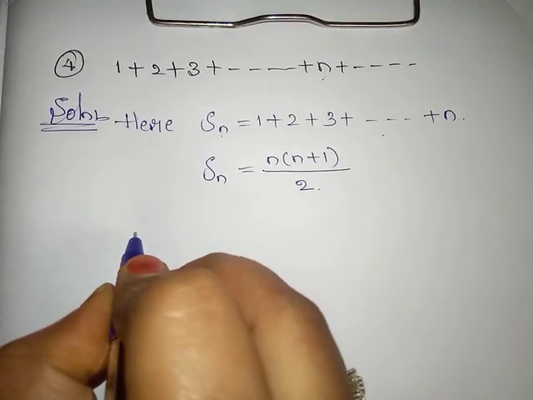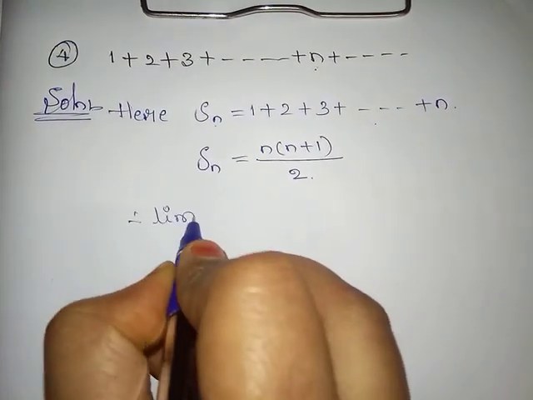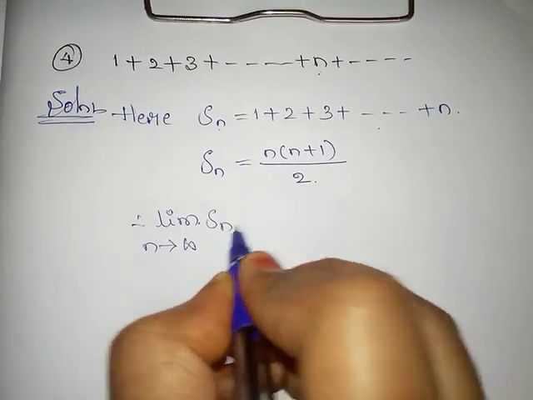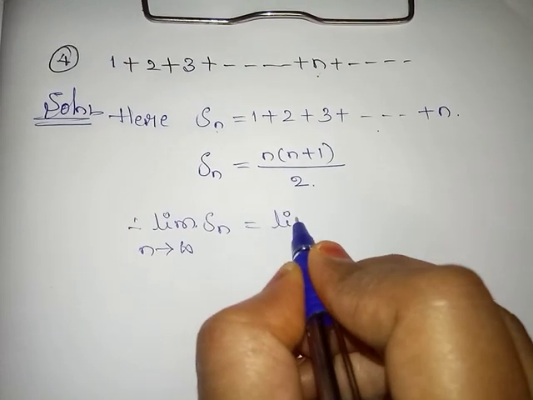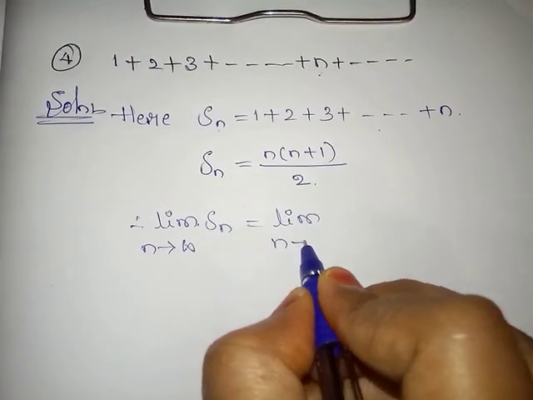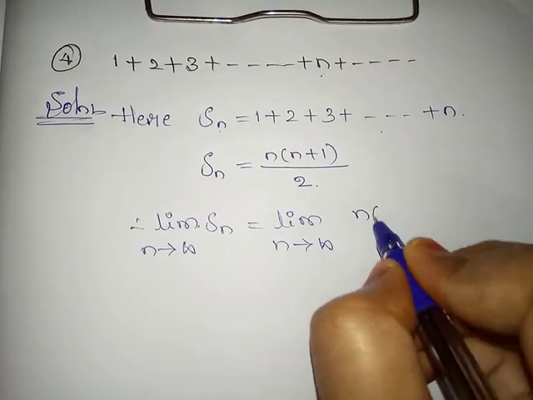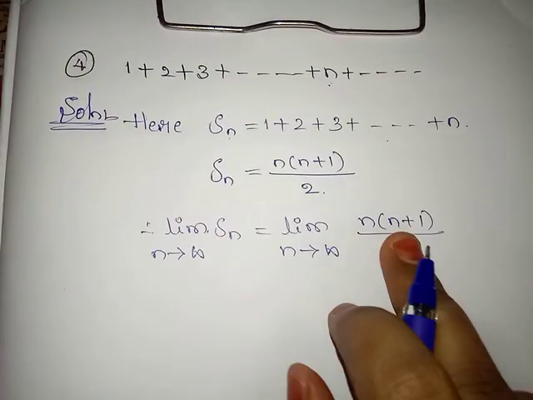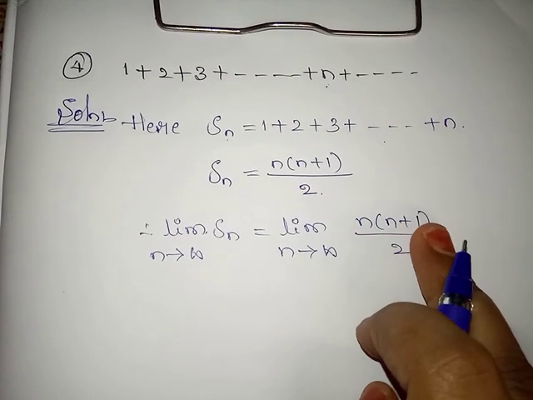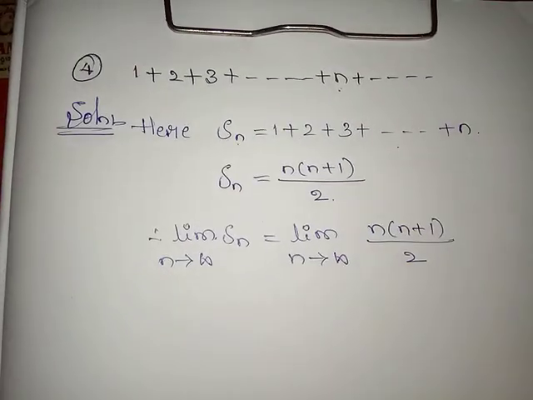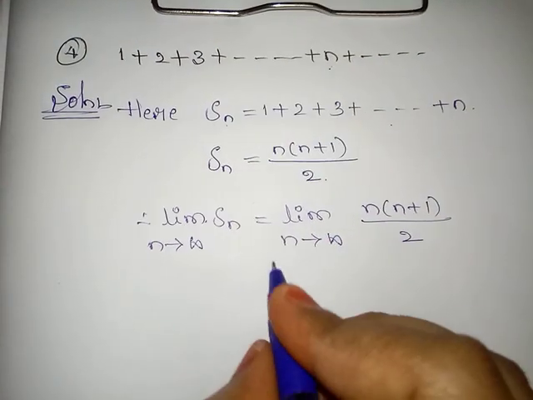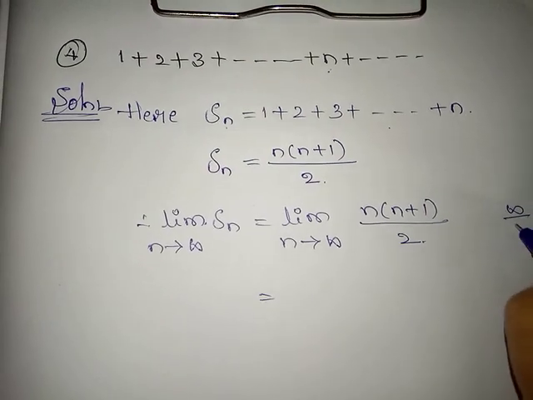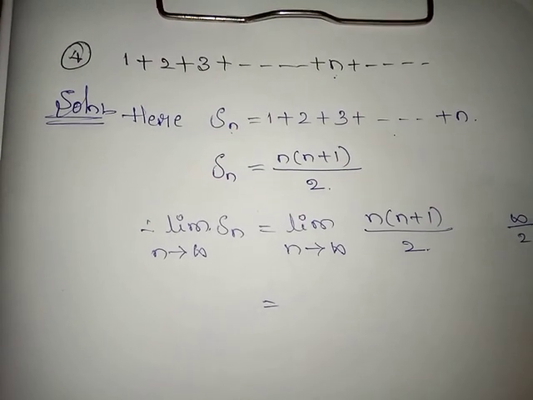Then apply limit n tends to infinity, Sn is equal to limit n tends to infinity n into n plus 1 divided by 2. When you apply infinity into infinity plus 1, we know that infinity plus anything is infinity. Infinity into infinity is again infinity. Infinity divided by something is also infinite.